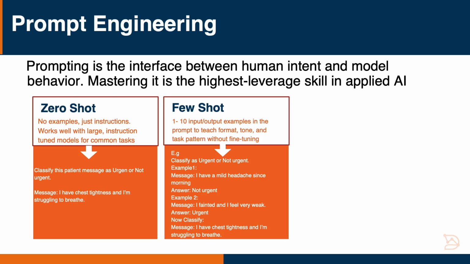An example is, okay, classify as urgent or not urgent, then give it examples. I have a mild headache since morning, not urgent. This is very important because you are able to communicate your thought process itself to the LLM, right?